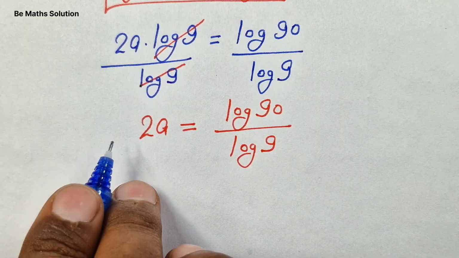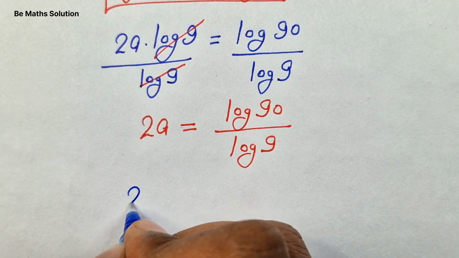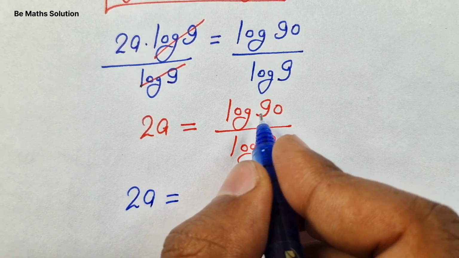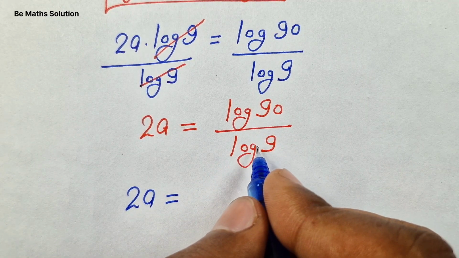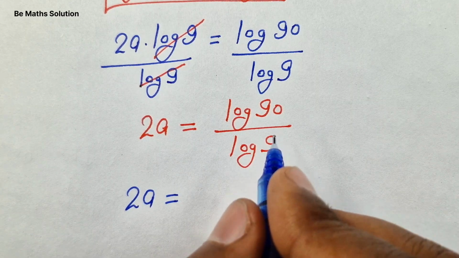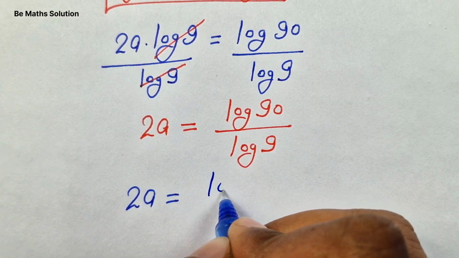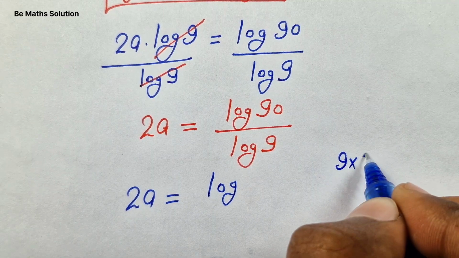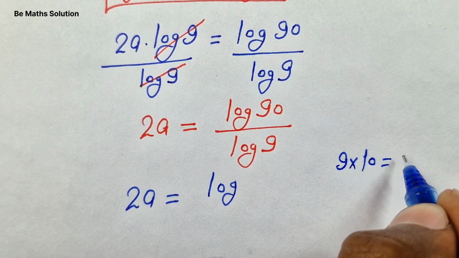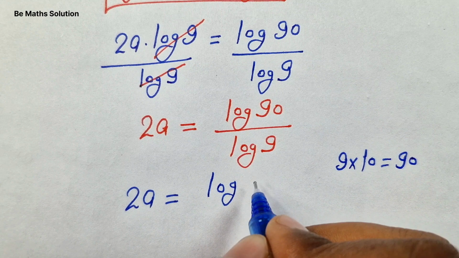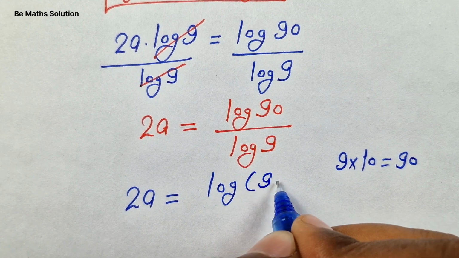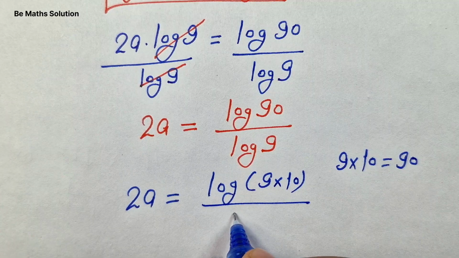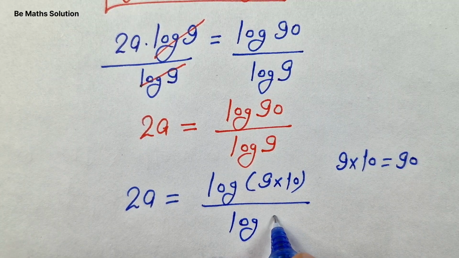Then in the next step, 2a is equal to log 90 over log 9, and 90 is the same as 9 times 10. So it is log of bracket 9 times 10 over log of 9.